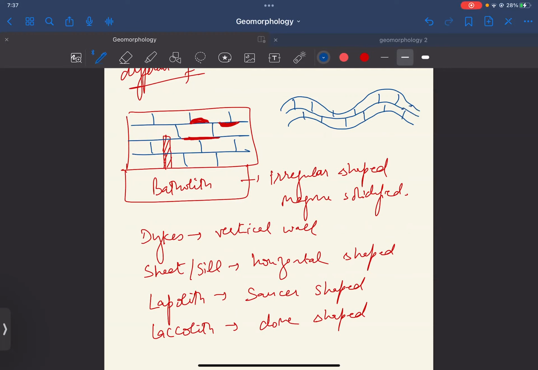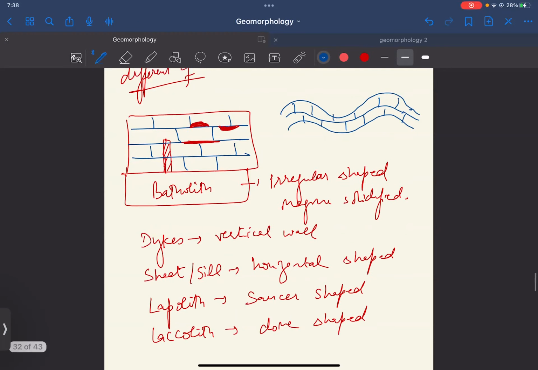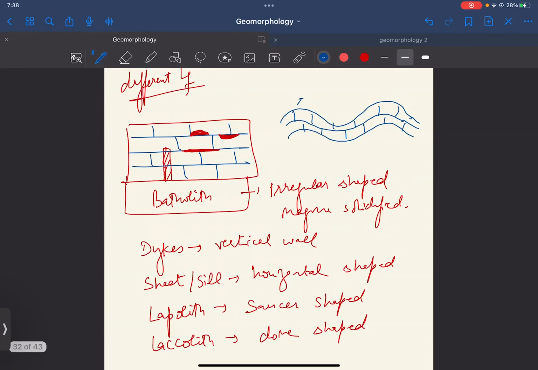Along the crest and trough, I hope you know the crest part of folded regions is known as anticline, and the trough part of this folded region is known as syncline.